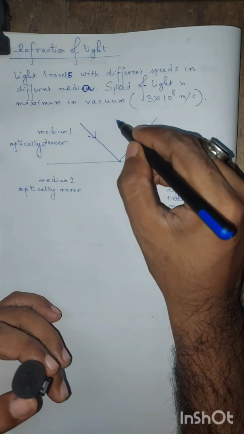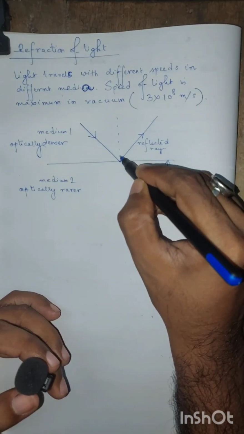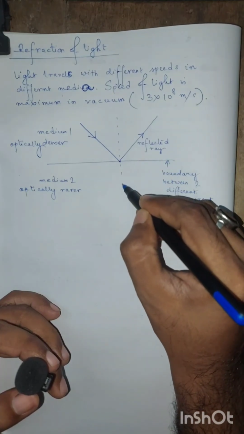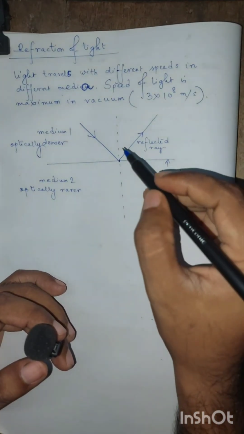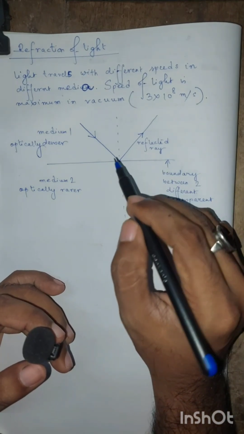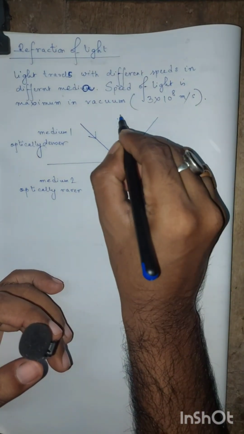So if we draw a perpendicular at the point of incidence, this is our normal at the point of incidence.